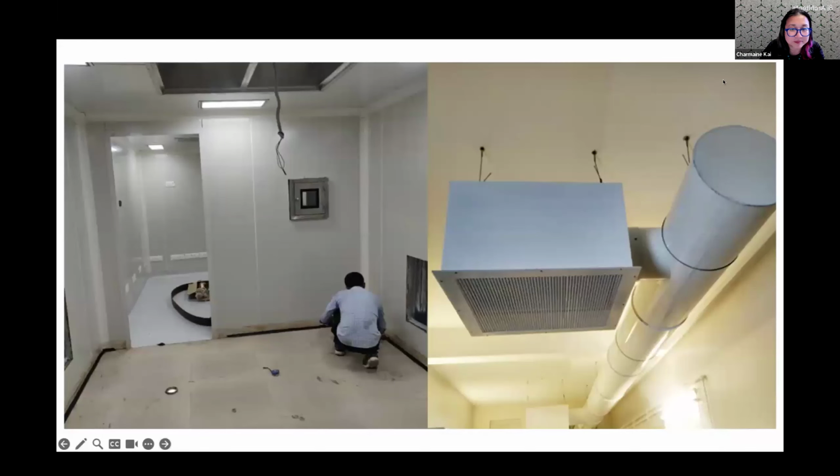What would your thoughts be? Ideally, I think the one on the left is much better. It's going to be a nice sealed space. Once he's finished sealing up all those corners, it's going to be a really nice sealed space. You can control your air pressure, you can control your contaminants. To me that looks like a really good space.